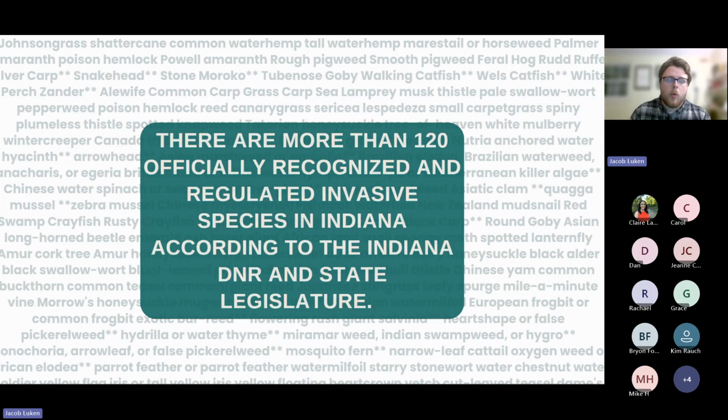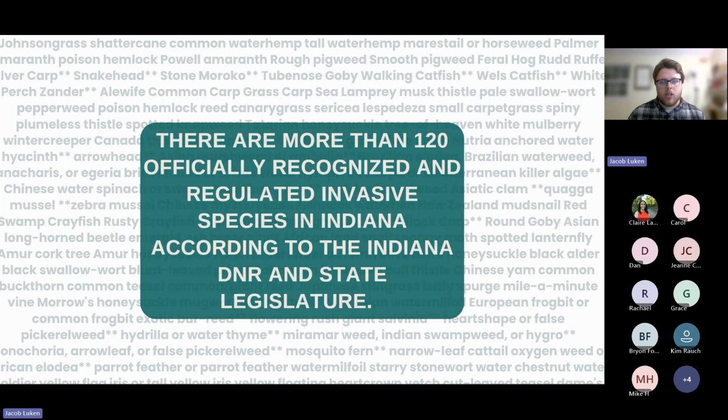So here in Indiana, there are more than 120 officially recognized and regulated invasive species, according to the Indiana DNR and state legislature. Each one of those species has its own impact that fits into harm to human health, harm to the environment, or harm to the economy.